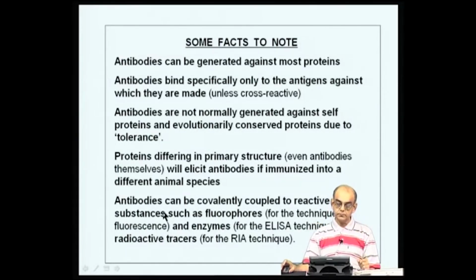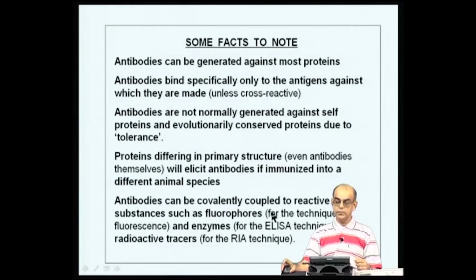Now, one of the important things that have been useful for using these antibodies in different techniques is their ability to be covalently coupled to reactive substances. For example, fluorophores that emit fluorescence when stimulated with UV light.